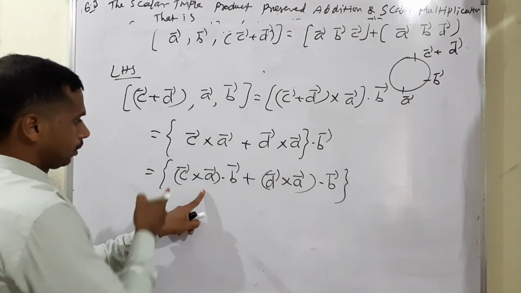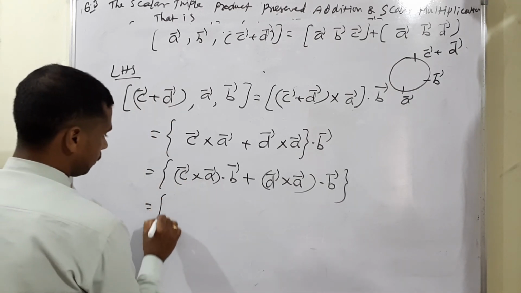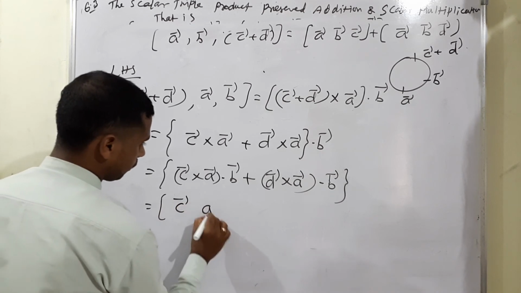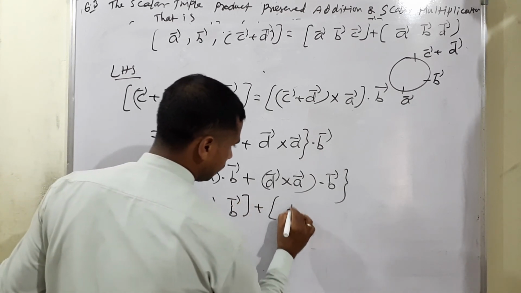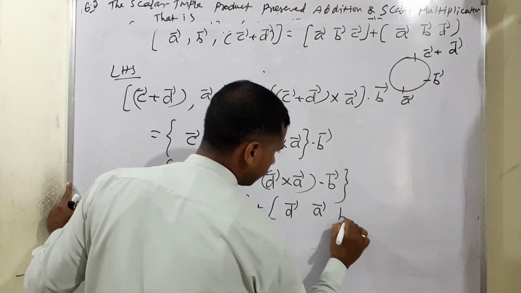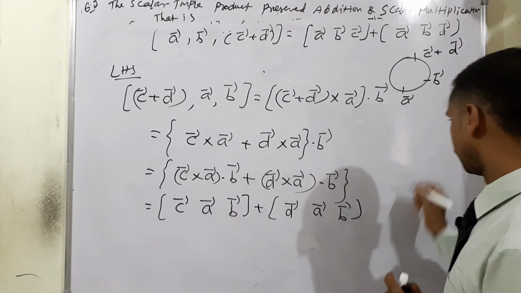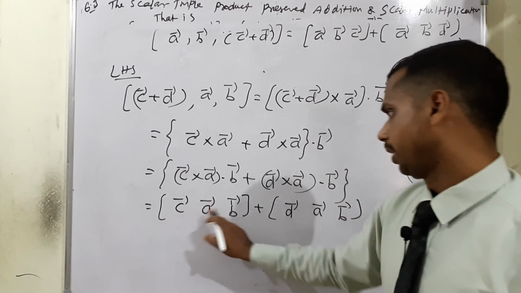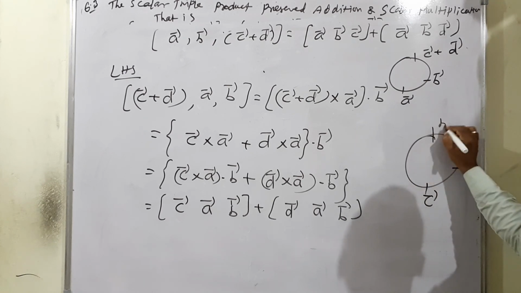Again the circle term CAB is there, isn't it? So C vector, A vector, B vector plus D vector, A vector, B vector.